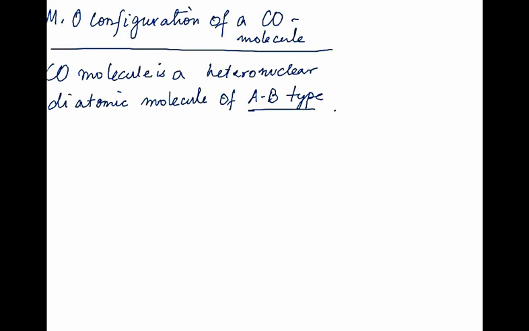This we have already discussed, and these atoms, the carbon and the oxygen atom, have 4 and 6 electrons in their valence shell respectively.